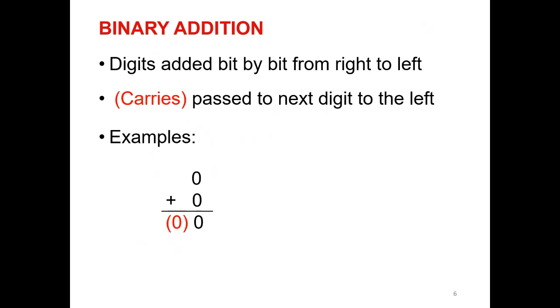Let's see some examples. If I want to add the binary digit 0 to the binary digit 0, just 0 plus 0, we have 0, and then what we have in red is what we call the carry. In this case, the carry is 0, we don't have a carry here.